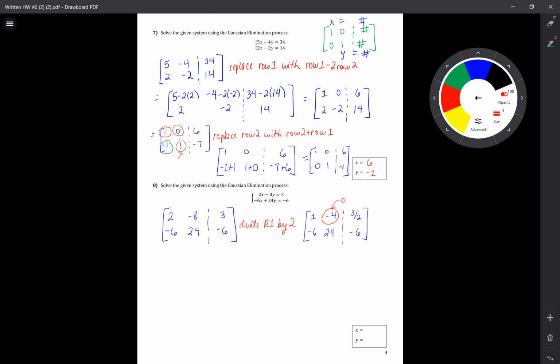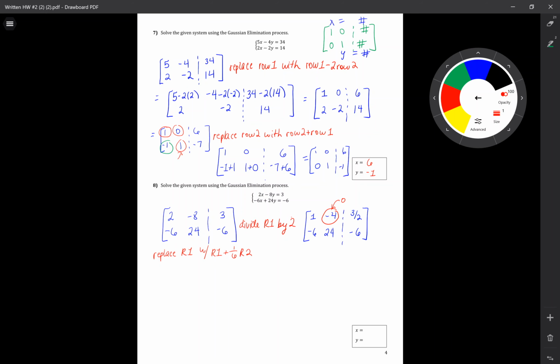And in order to do that, I am going to add 1/6 of row 2 to row 1. I want to add a 4 to this basically. So a 4 is 1/6 of this 24. So I'm going to replace row 1 with row 1 plus 1/6 row 2.